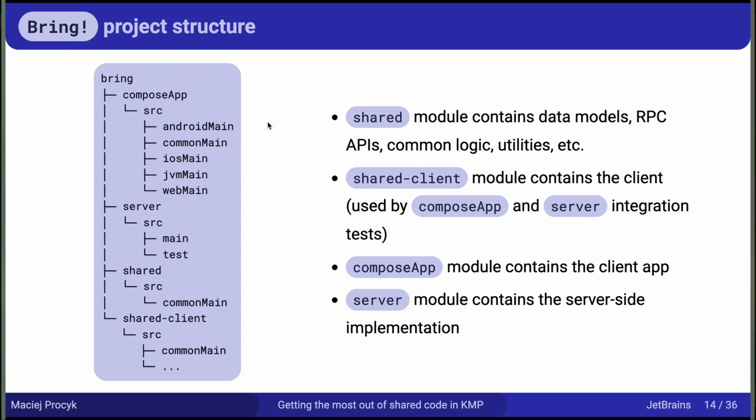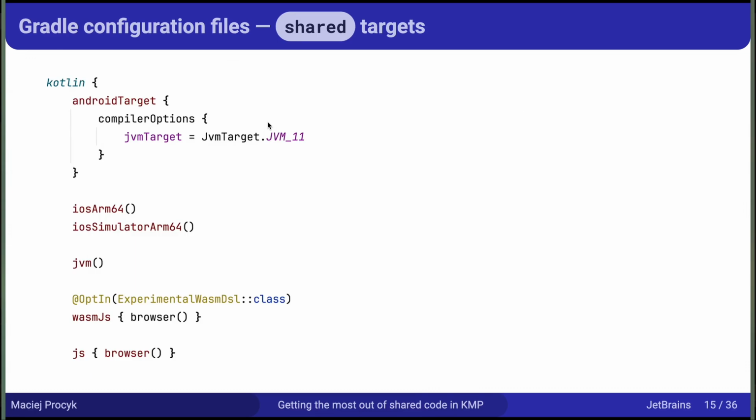We have four Gradle modules, and in each of them we usually have a build.gradle.kts file to define such a module, but also we have a source directory with different sources for different platforms where we would define platform-specific behaviors. But what we intend to do is to put as much code as possible in the common main source so it can be shared between all the declared targets.